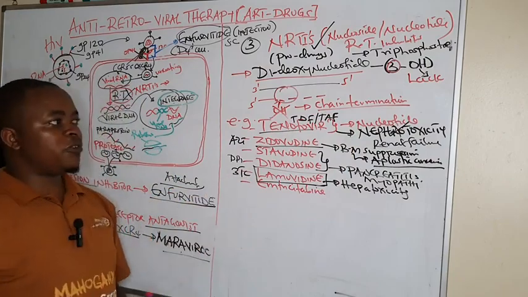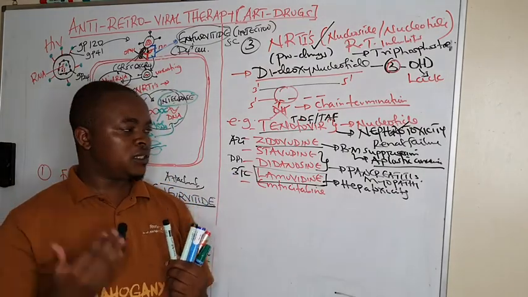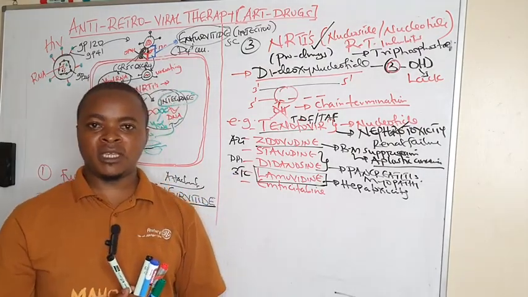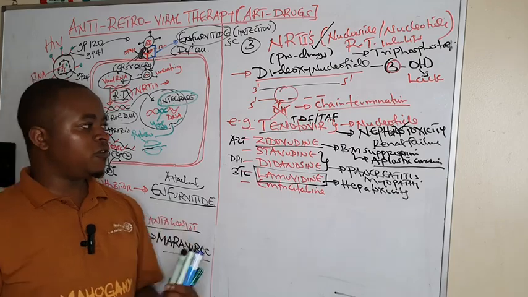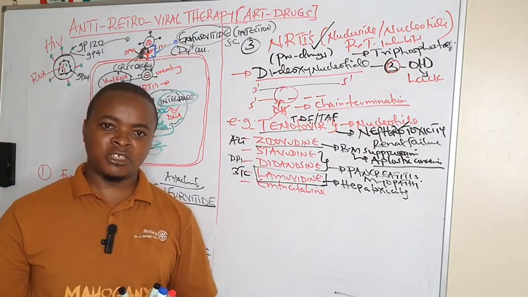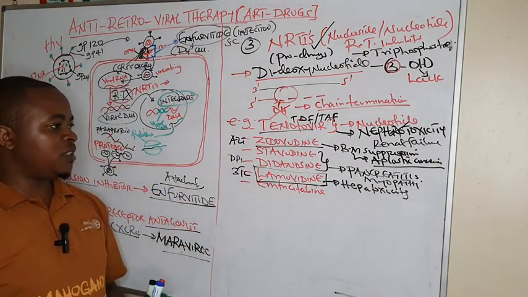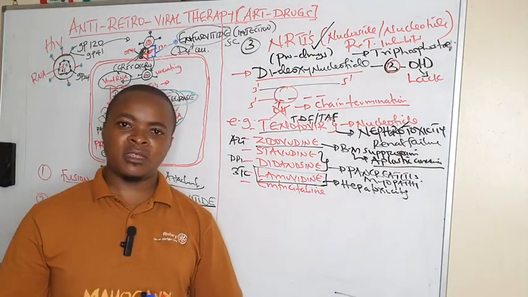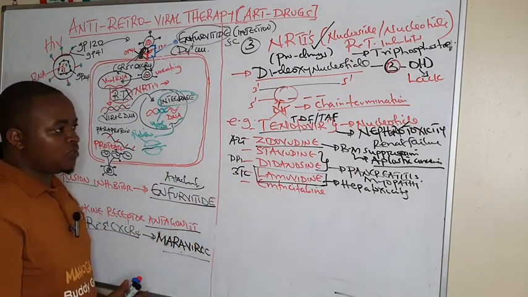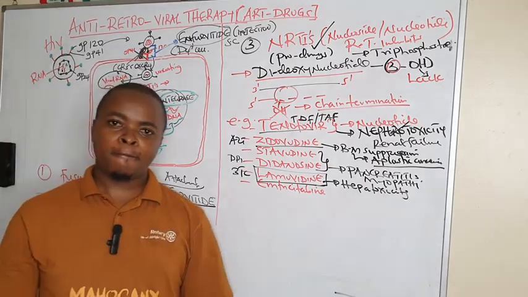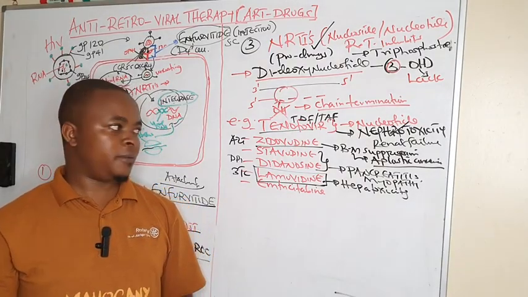Examples, we have seen tenofovir, which is the only nucleotide and it is known to cause nephrotoxicity, contraindicated in renal failure patients, whereas zidovudine causes bone marrow suppression, so contraindicated in people with anemia. Then stavudine is contraindicated in people with pancreatitis and so forth. And these are utilized for many purposes in combinations of antiretroviral therapy.